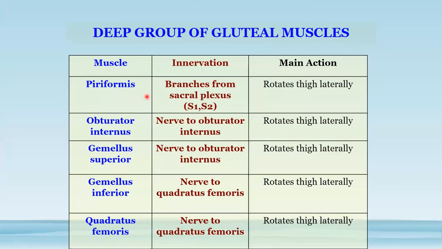And then the muscles of the deep group: the piriformis, obturator internus, and gemellus superior are supplied by the nerve to obturator internus; the gemellus inferior and quadratus femoris are supplied by the nerve to quadratus femoris. All of them rotate the thigh laterally.